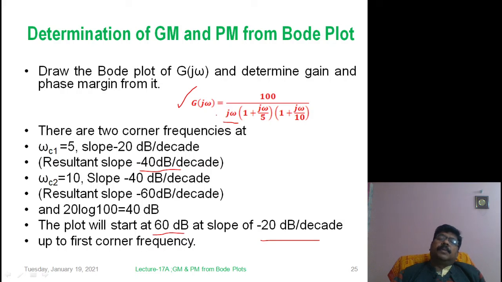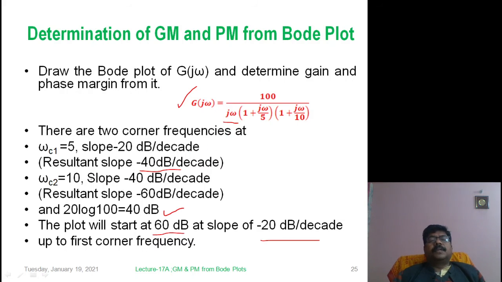So here 1 by j omega will be dominating initially, while 20 log 100 is giving 40 dB, and this 1 by j omega will be contributing individually minus 20 dB per decade, and the factor 1 plus j omega by 5 will also contribute minus 20 dB per decade. This 1 plus j omega by 10 will also contribute minus 20 dB per decade, but while drawing we have to take it step by step and see the resultant slope.